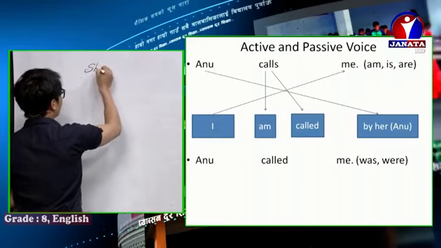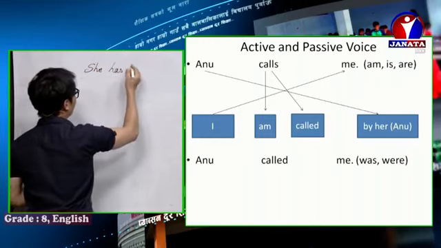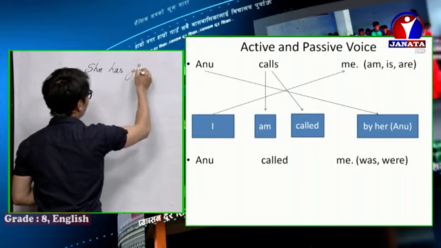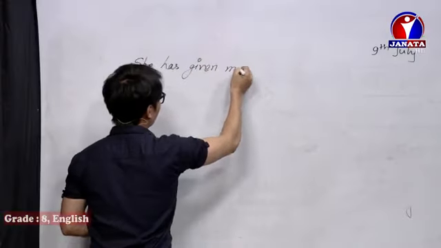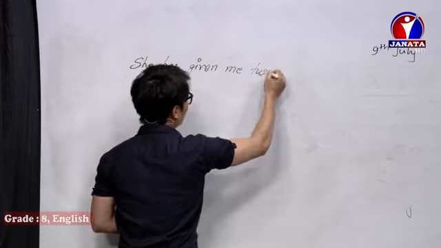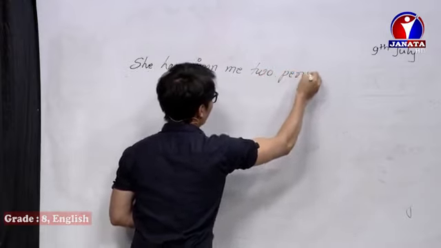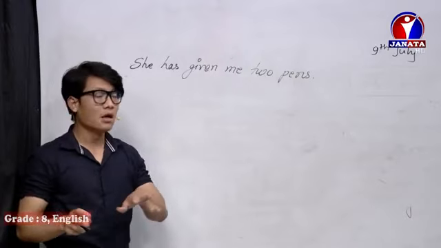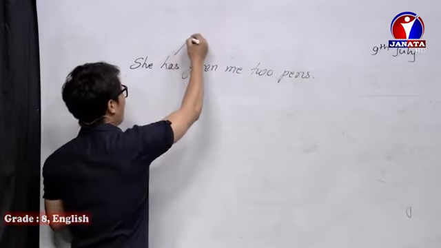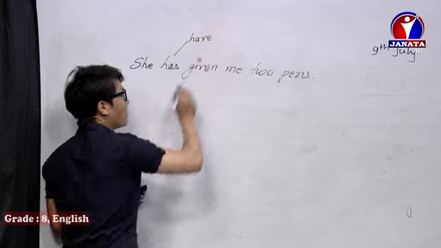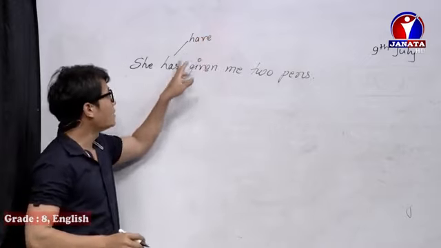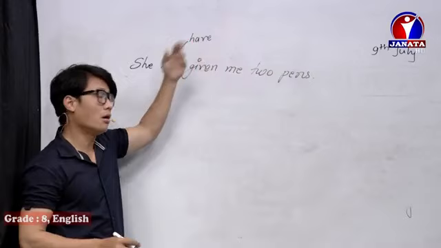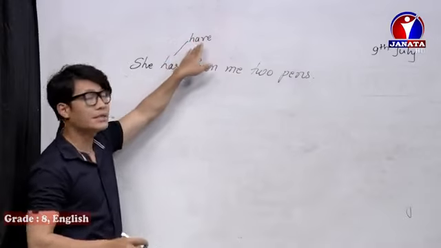She has given me 2 pens. When there is a has, remember, there is a hidden have, and when there is a have, there is a hidden has.